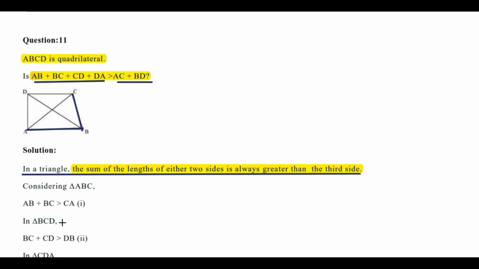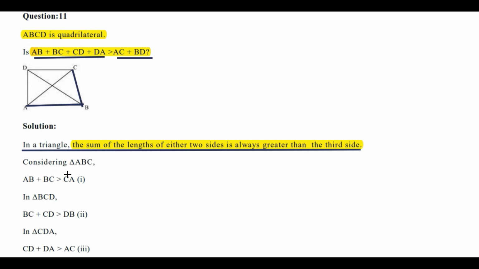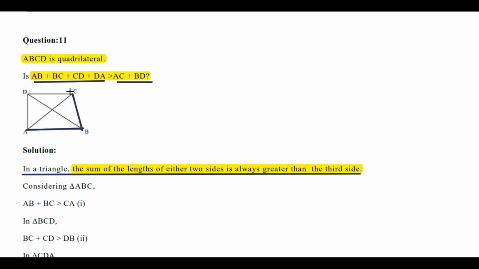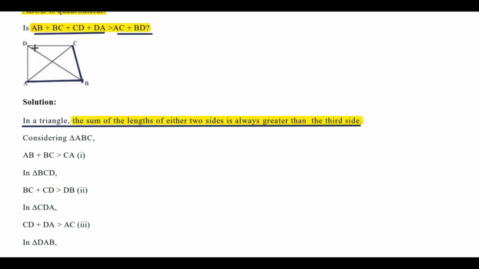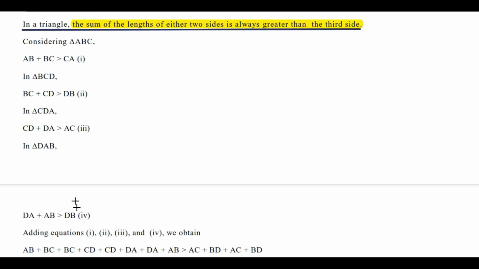Then in triangle BCD, BC plus CD is greater than BD. Then in triangle CDA, CD plus DA is greater than AC. Then in triangle ADB, AD plus AB is greater than BD. So like this you have to arrange these equations.